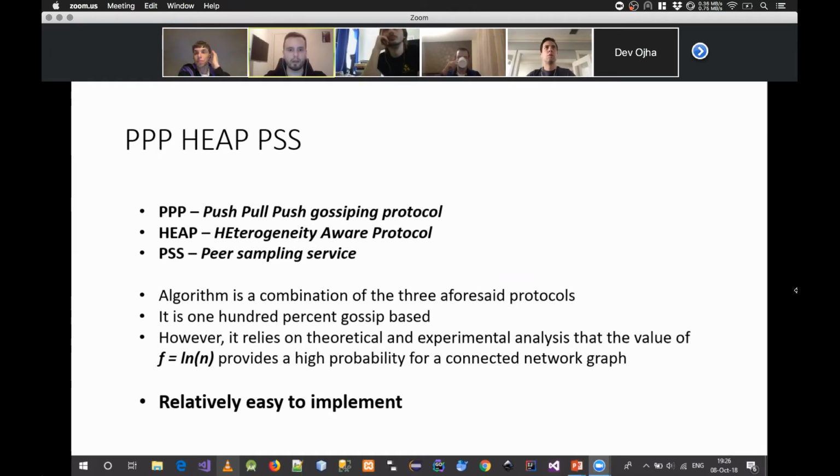First of all, in order to explain the first two protocols of this algorithm, we will adopt a presumption that is not correct when it comes to the Tendermint network: that each node in the network has to know about every other node. This is simply because it enables an easier explanation of the push-pull-push gossiping protocol and the heterogeneity-aware protocol.